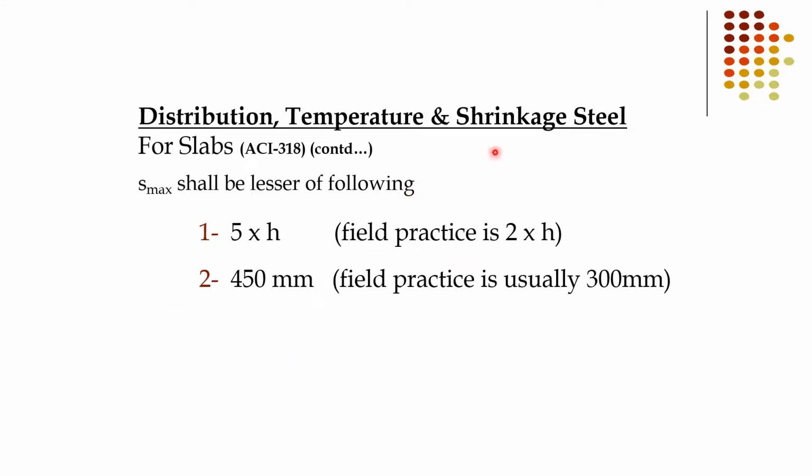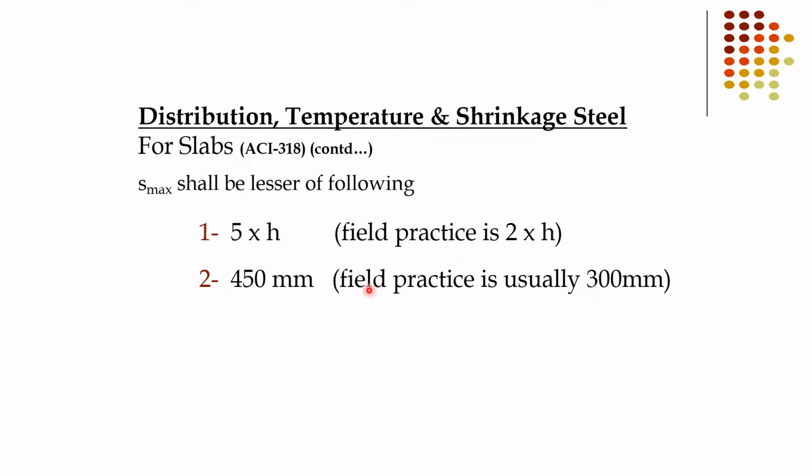Distribution and shrinkage steel: the same criteria will be used for S max for distribution, but with a minor change. The third and fourth will be the same as before. In the first, the code recommends 5H, but the book author recommends 2H, and at some locations 2.5H. The second is 450 millimeter, but field practice and the author recommend 300 millimeter, and at some places 375 millimeter.